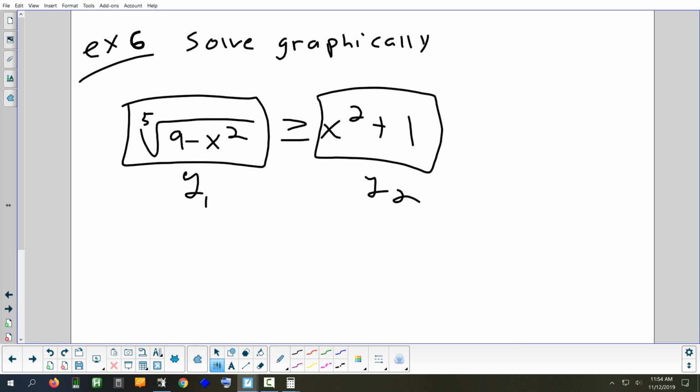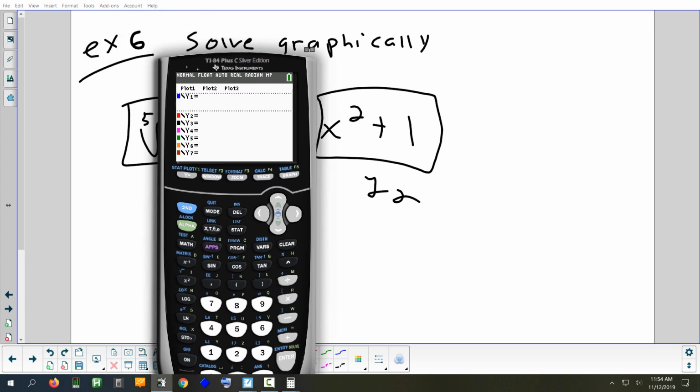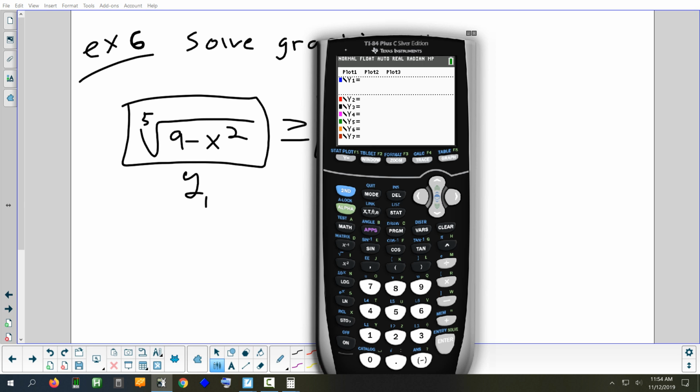So we're going to put the left part in one. We're going to put the right part in the other. Can somebody help me type in the left part? What are the buttons I have to press to get all that typed in? Yep. Option 5.